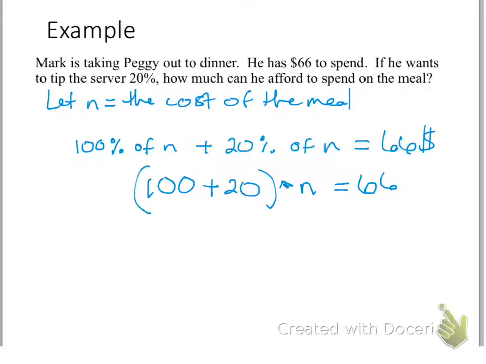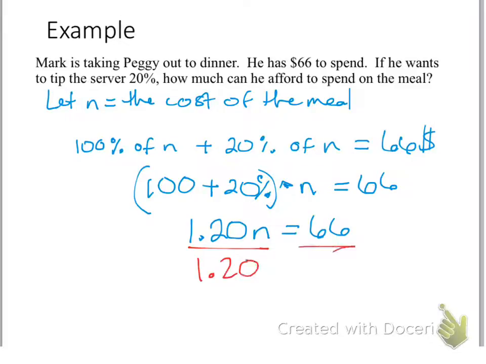Okay, so we're doing 120%. That's 1.20 times n is 66. So backwards through PEMDAS, divide both sides by 1.20, and 66 divided by 1.20 gives me $55.